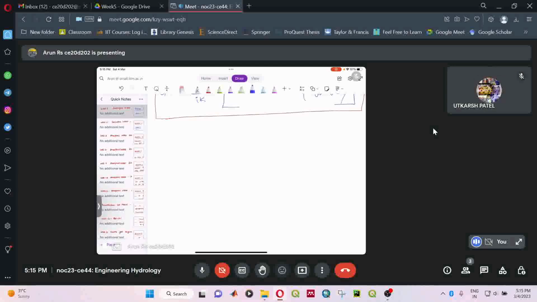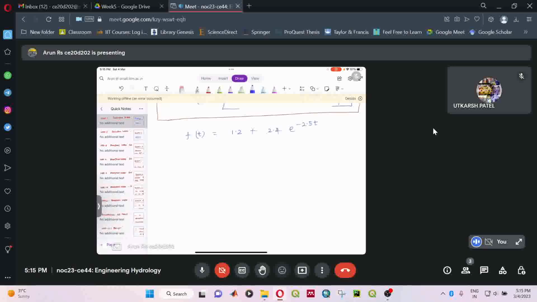Now in the question Horton's model is given. So ft is equal to 1.2 plus 2.4 into e to the power of minus 2.5t. From this we can find out the parameters.